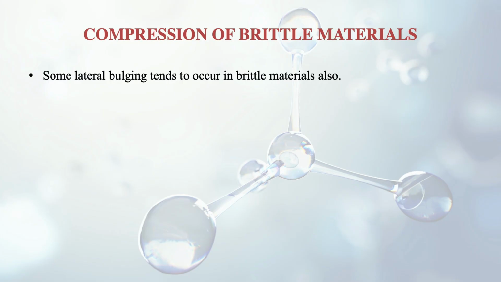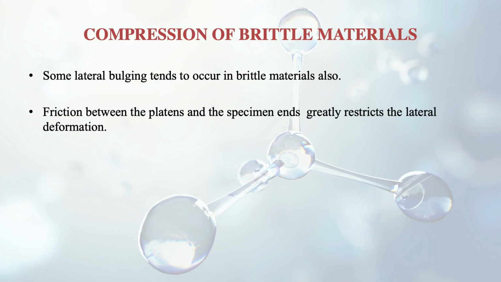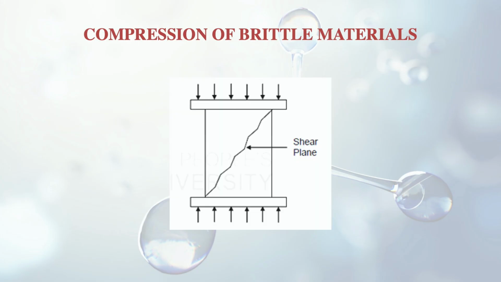Now further we will see that there is some lateral bulging which tends to occur in brittle materials also. Like in the case of ductile materials, which we discussed earlier, lateral bulging may occur in brittle material also, but it is very less as compared to the ductile one. What happens is that friction between the platens, what is the platen? Platen is this top plate you can see, which is connected to the top and bottom of the specimen.